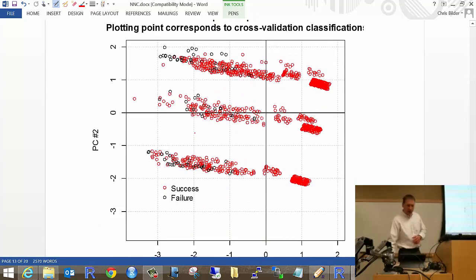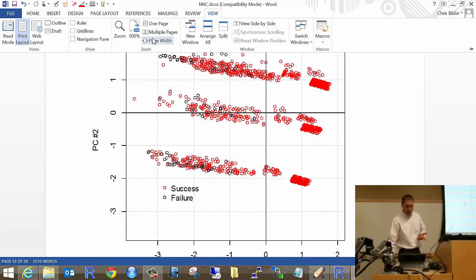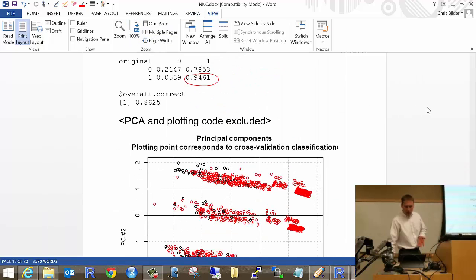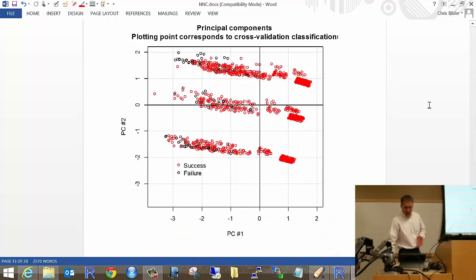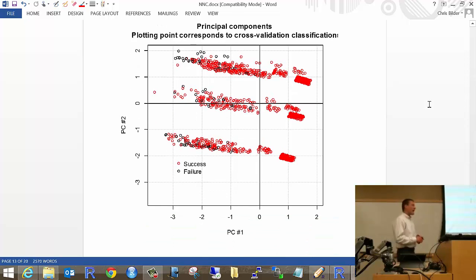Then I do some plots, again, to help get a better idea of what's going on here with these classifications. Since we don't have a lot of variables, we have like 8 variables, what I decided to do was simply do principal component score plots. So you can see both 2 dimensions and 3 dimensions in the notes. We'll just look at the 2 dimensions here. And we see the successes are in red, the failures are in black. These are the classifications.